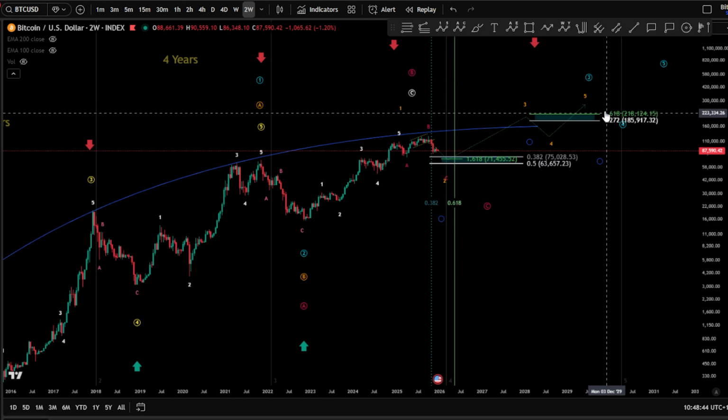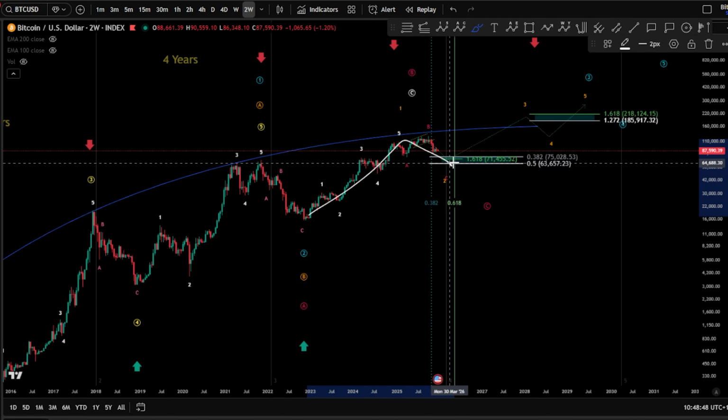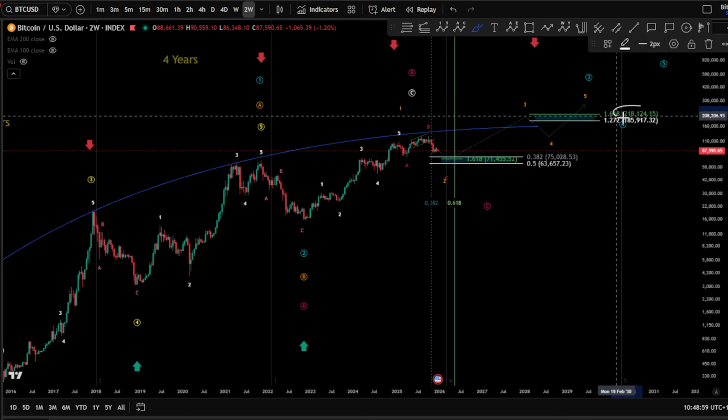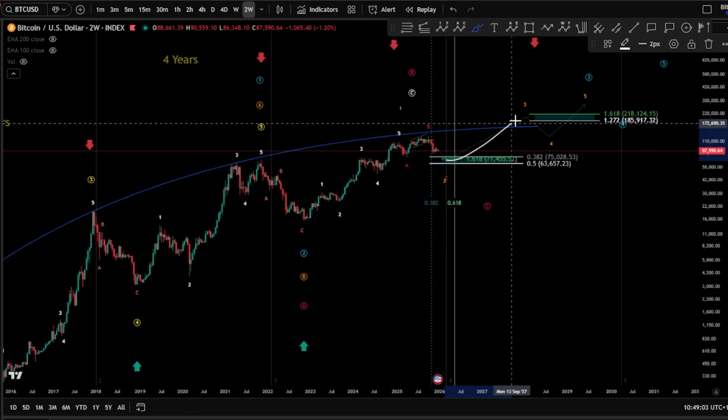1.618 is your target as a common target, taken, of course, from the wave 1, and supposing that we're gonna have, of course, a target as a wave 2 over there around the 70k or 68k, and then pushing for the 1.618, which is a minimum target here, 218k for Bitcoin for the next cycle.